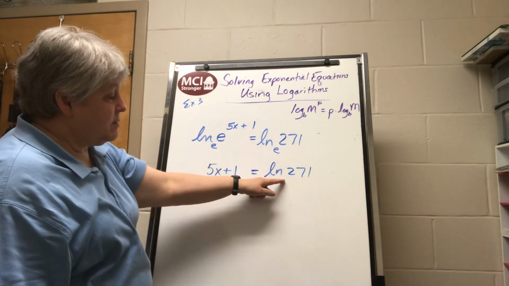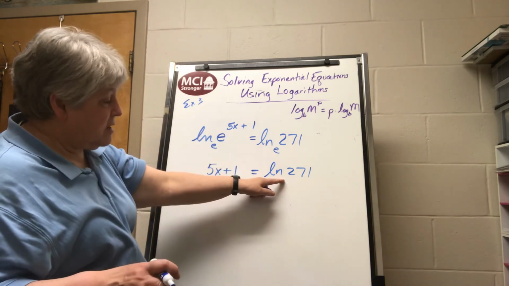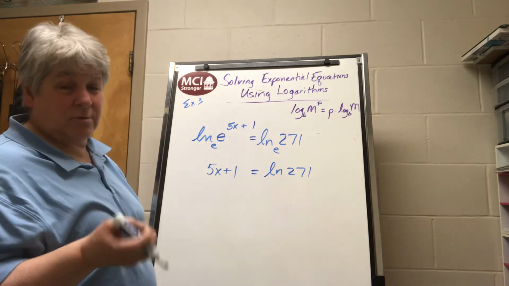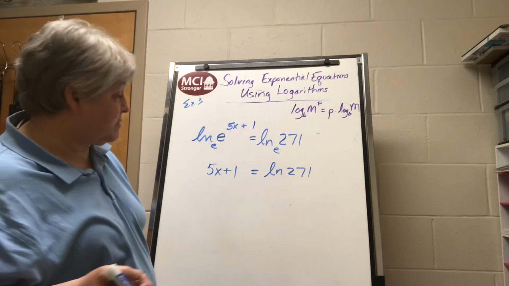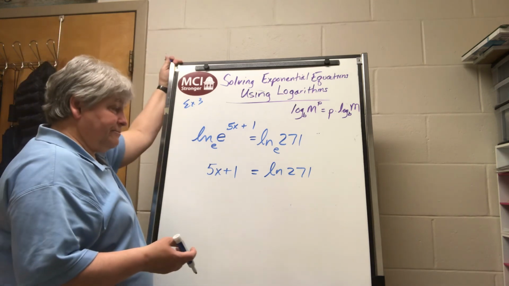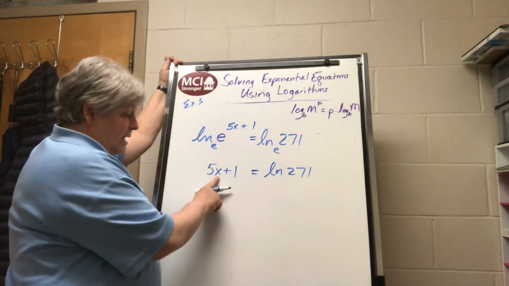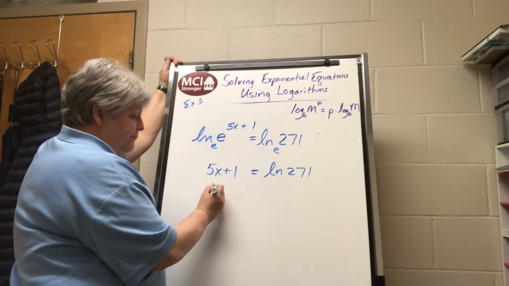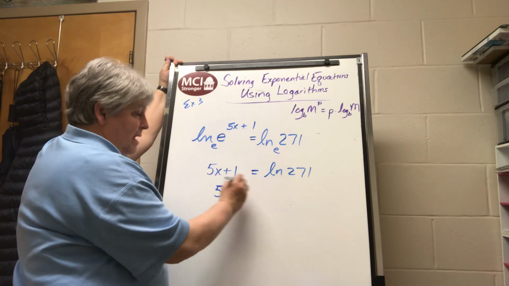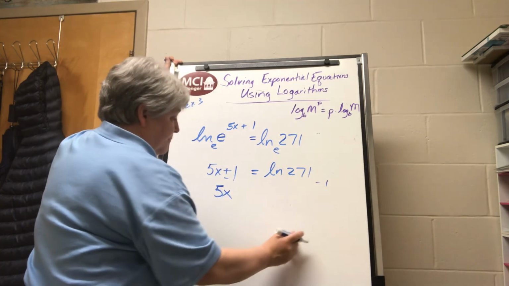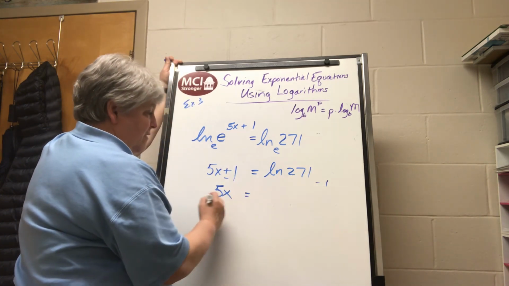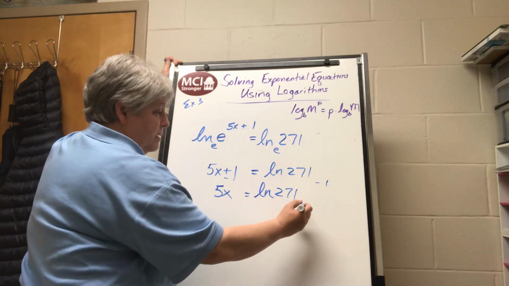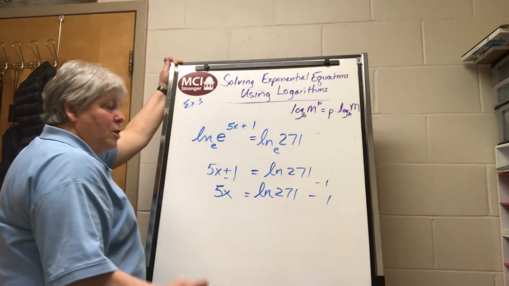Basically, if I take 2.718-ish and raise it to some mystery power, it can land right on this number. I don't know that number. Your calculator knows that number. Don't worry about it. So now I want to get x alone. That's what I'm really looking for. I'm going to bring the 1 over there. I'm going to go minus 1 to both sides. Now be careful. 5x is equal to the natural log of 271 minus 1.